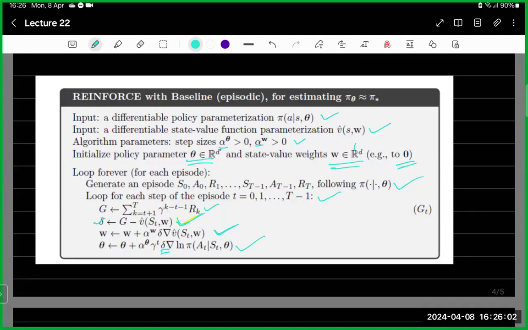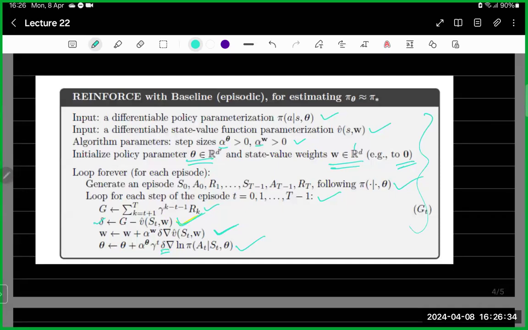So you don't need any base code for the assignment 3 part A. You understood clearly what to do. These are the two things you have to do in assignment 3 part A. You have a cart pole environment, you have 4 features, you take a linear policy like e power theta transpose x, proportional to that, as a policy, and you take a linear value function and just write the code for this algorithm.